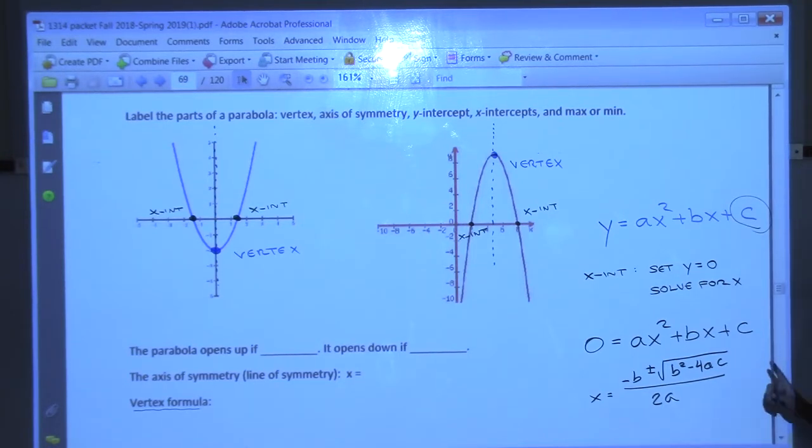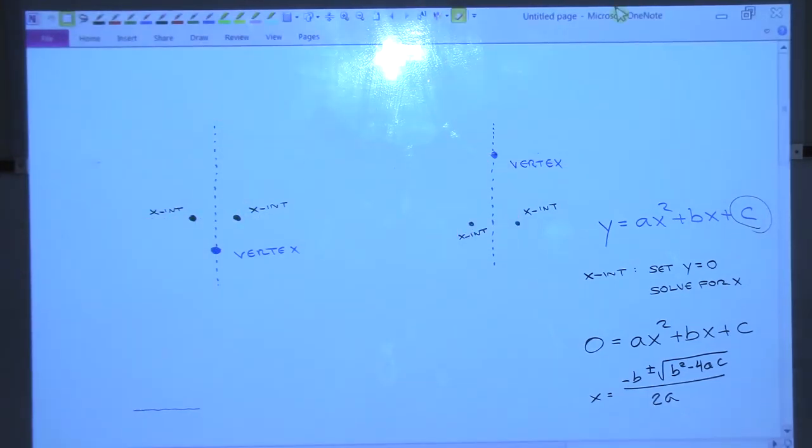What happens when everything underneath this radical is a negative number? What did we say when we were solving these and this was negative under here? No real solution. So what do you think our parabola would have to look like for us to not have x-intercepts?